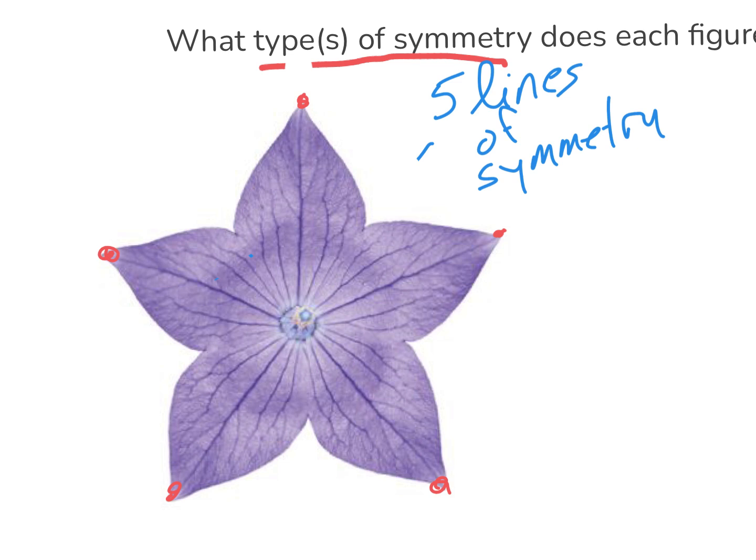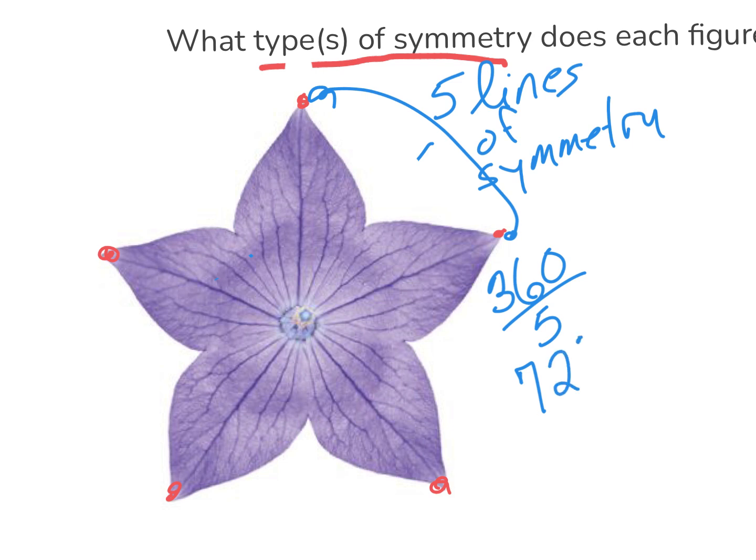So I think every time I rotate so that this corner here moves up to here, I'm going to get another symmetrical thing. So that's my rotational symmetry. So that means that I have 5 points of rotational symmetry. So I'm going to do 360 divided by 5 to find the rotational symmetry. That's going to give me 72. The rotational symmetry is at 72 degrees. Every 72 degrees, it's going to look the same.